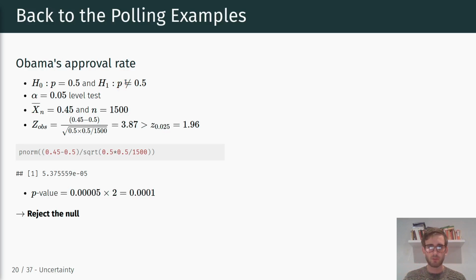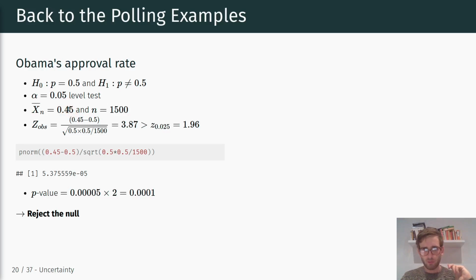We look at this from a two-sided test, so we have the alternative hypothesis that p is not equal to 0.5. We want to test this null hypothesis using an alpha level of 0.05, so a 5% significance level. Our X-bar, that's our sample average, which we compute based on a sample with 1,500 respondents, is 0.45.